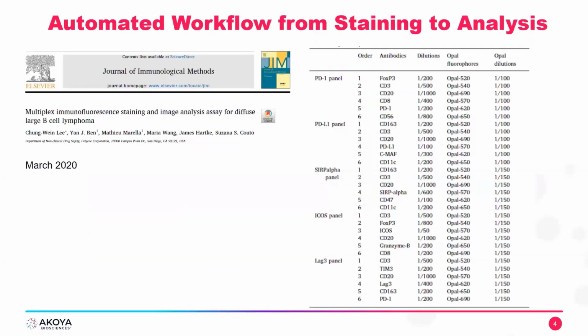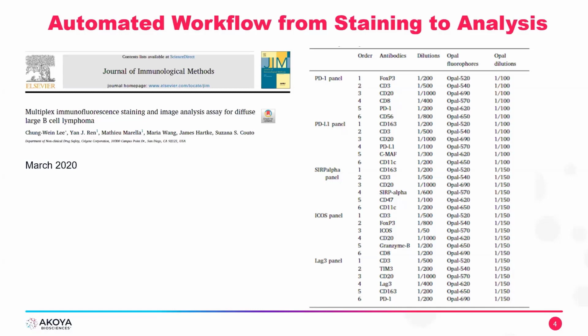Now, starting off with some publications, and this is a publication from March this year, and I would like to show you this publication because I think it gives you a nice idea how you can, even with our old system, the Vectra system, fully automate a full workflow using a lot of panels here.